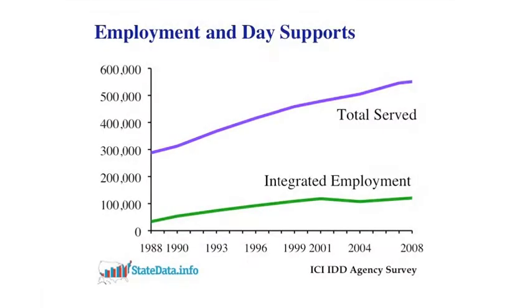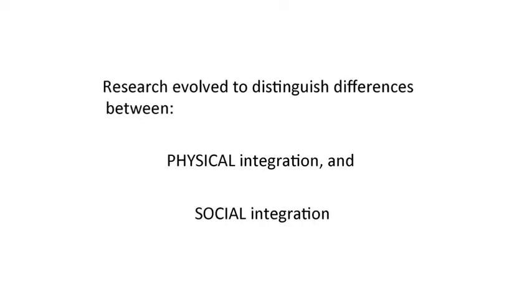We track how many people are in integrated employment versus the total number of people who are in any kind of day program. That's one way people look at inclusion, but research has evolved. We really distinguish the differences between physical integration and social inclusion.